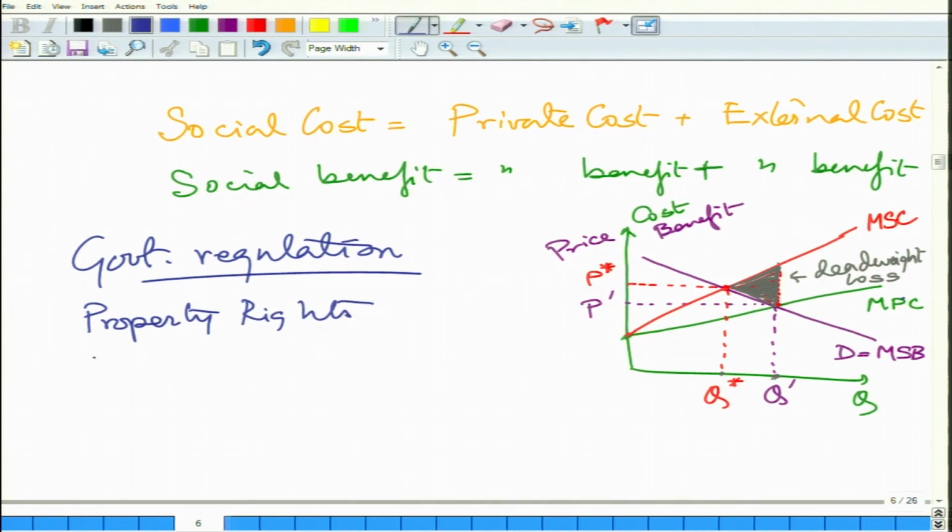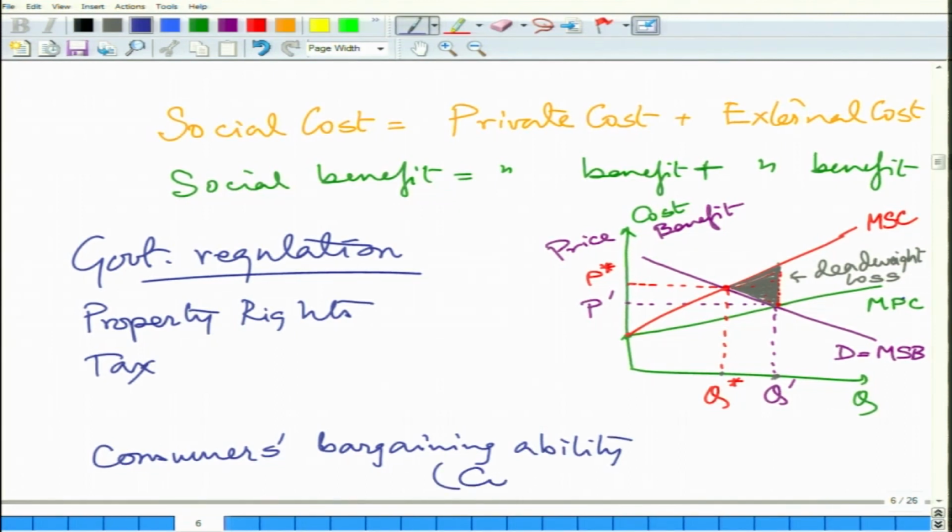They can impose a tax, or say the consumers' bargaining ability. It's not directly from the government, but the government can always pitch in and moderate this bargaining ability. We'll talk about it under Coase theorem.